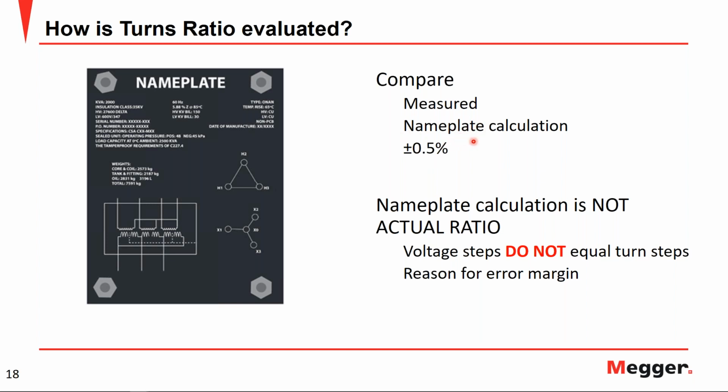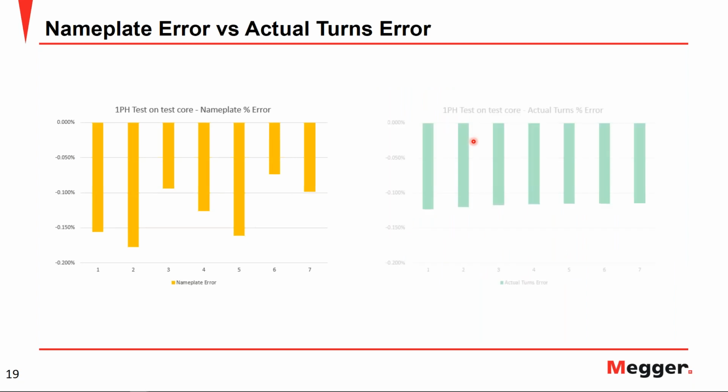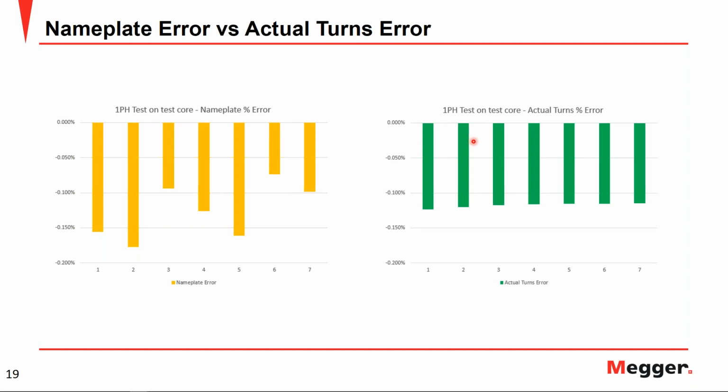So that's going to be the voltage values that are written on the nameplate. When we compare the ratio to the voltage values on the nameplate, it is not the same as comparing the actual physical number of turns that exist inside the transformer. That is why they are given such a wide percent error range of plus or minus 0.5%.